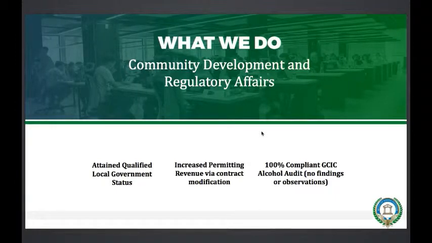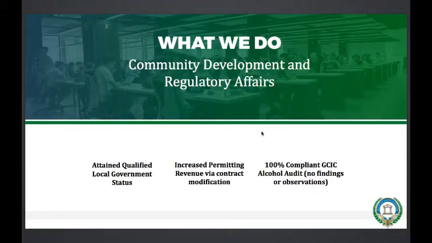Some of the highlights of the community development team: we were able to obtain qualified local government status. This allows us to be able to compete for state and federal grant programs. And so we're excited to have that designation to allow us to be able to compete and diversify our funding source.